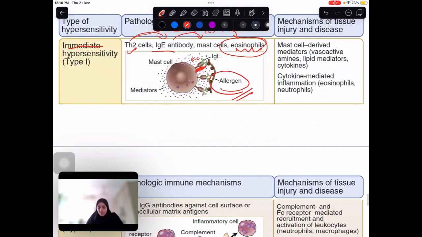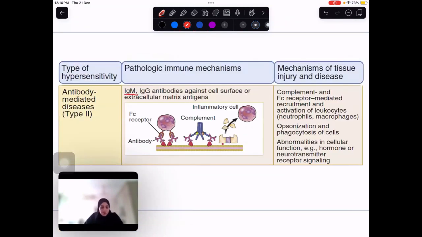Okay. Type 2 hypersensitivity, we mentioned, is going to be use of IgM or IgG, and it's going to be against the cell surface or the cell membrane and the extracellular matrix, correct? And because of this antibody, it will activate the complement, it will activate the opsonization and phagocytosis, and the recruitment of the other leukocytes.